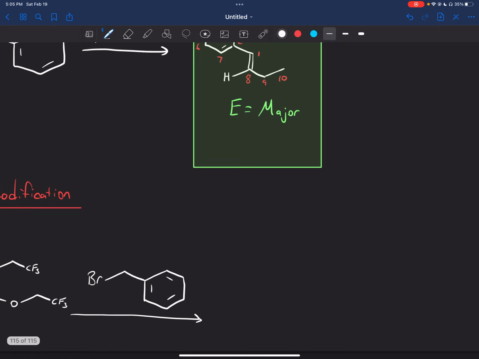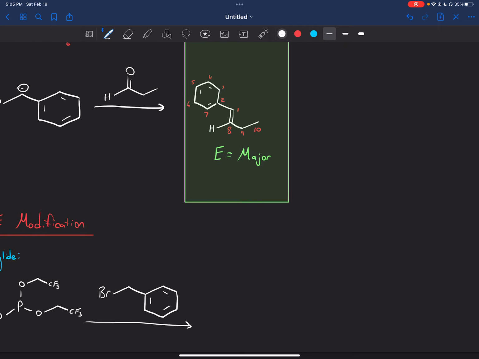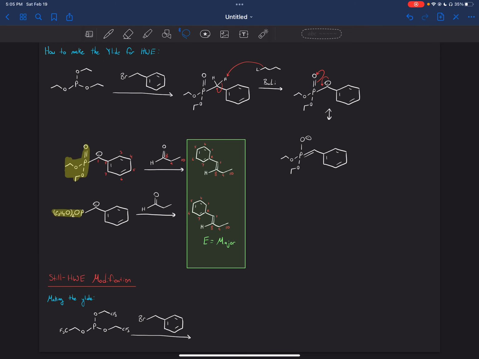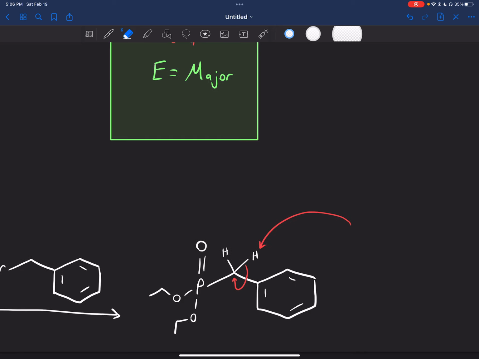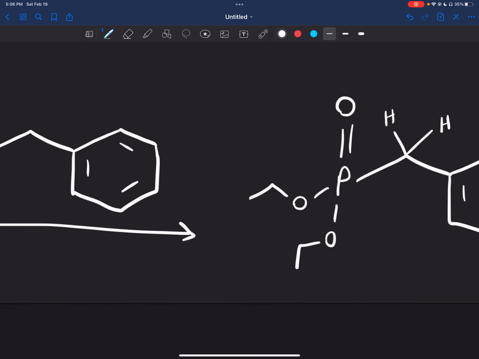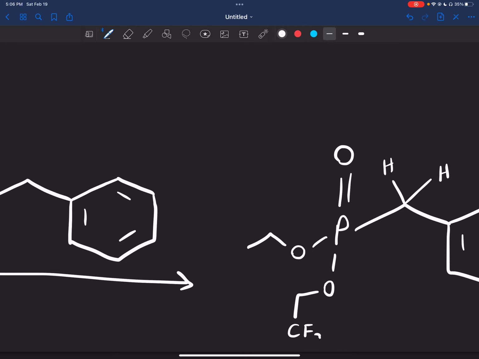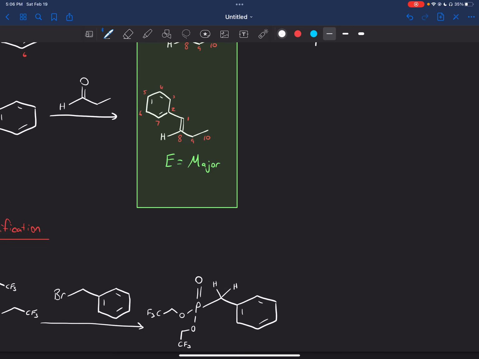That's kind of the complicated part, and maybe the structures look a bit complicated too. But everything else is very, very similar of how to actually do the reaction. Making the ylides varies a bit.